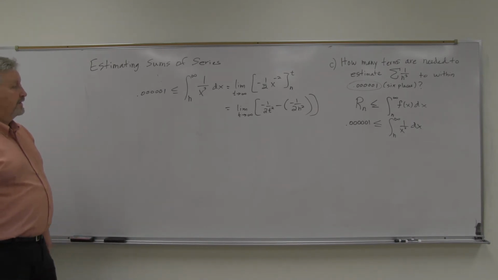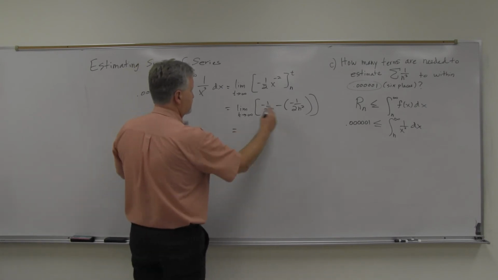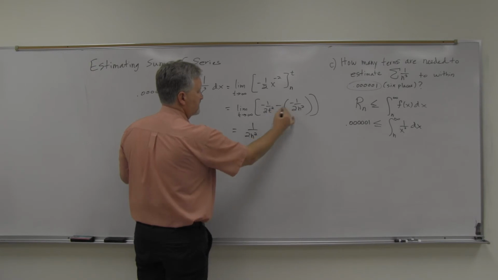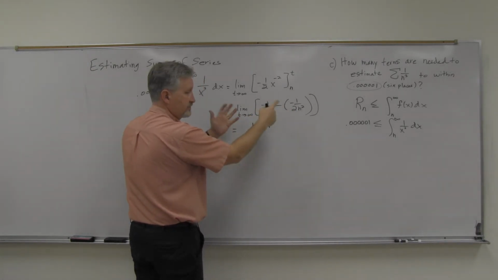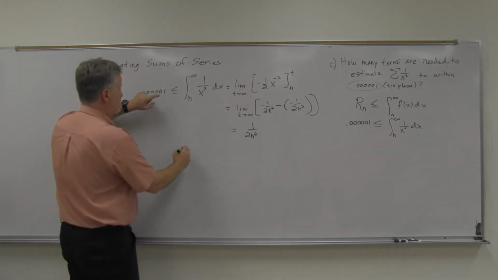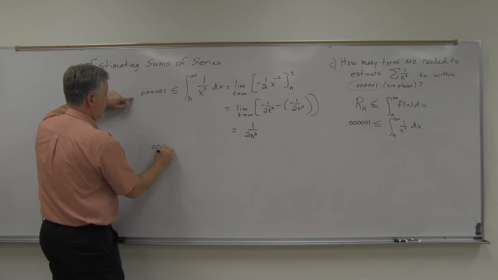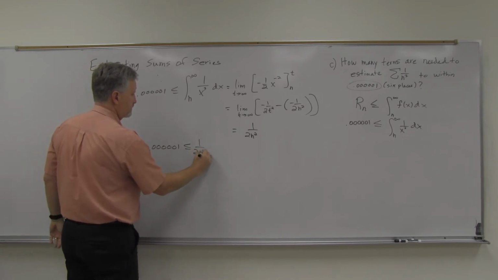T still goes to infinity, so this still goes to 0. So this integral is 1 over 2n squared. Does that change to positive? So that goes to 0 because t goes to infinity. Yes? So here's what I've got. So I've got 0.001. I need that less than or equal to 1 over 2n squared.